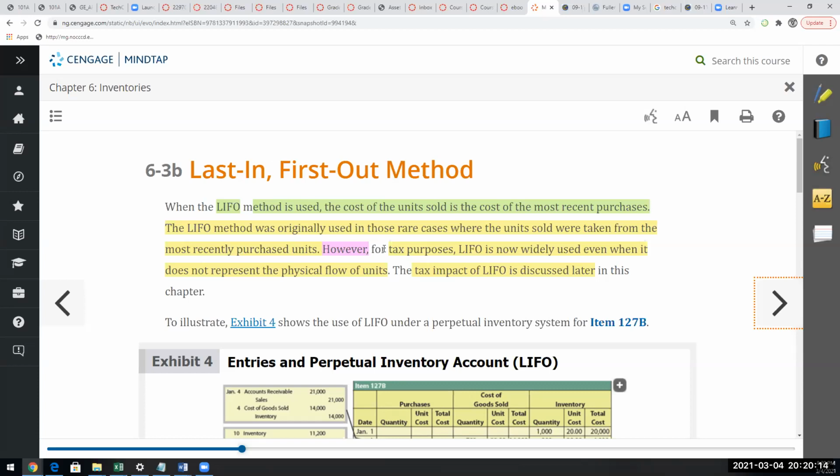However, for tax purposes, that's the reason, LIFO is now widely used even when it does not represent the physical flow. This is the problem because of IFRS, the International Financial Reporting Standards. Those rules don't allow LIFO anymore. So we'll see that. There's a section down below that the book will actually introduce that topic. So the impact of LIFO is discussed later in the chapter.